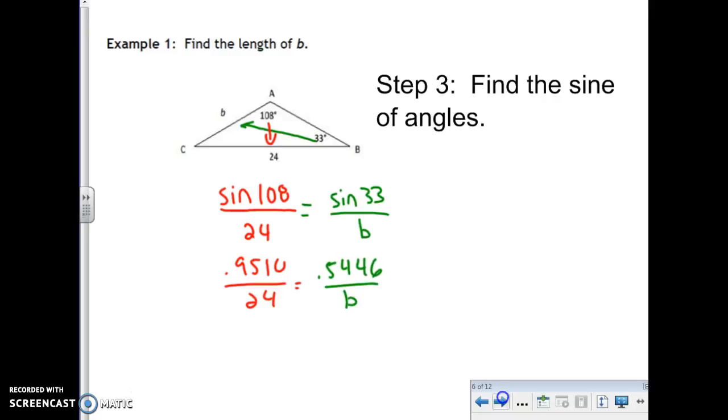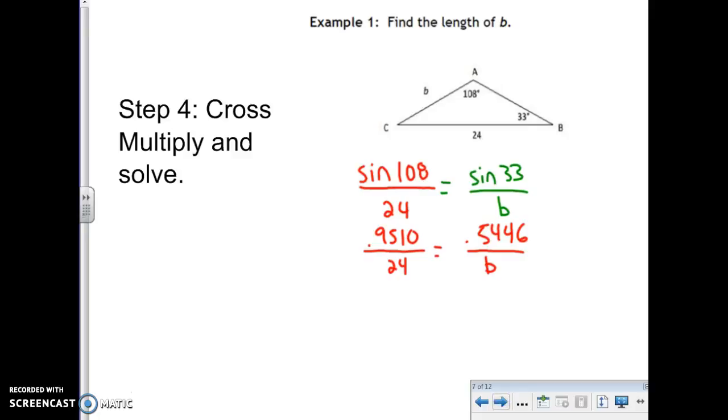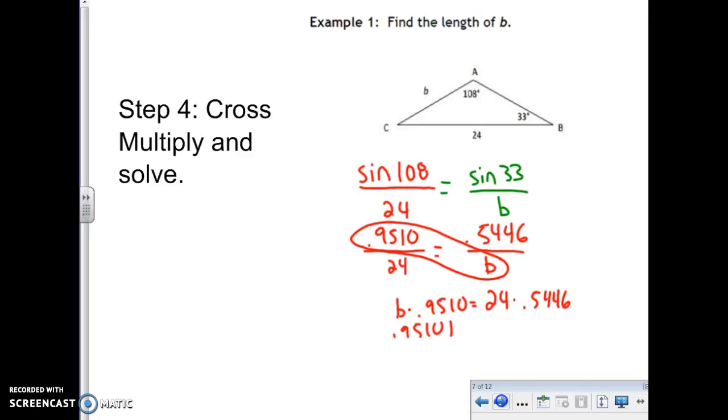Okay? Now, the next thing I'm going to do is cross multiply. So I'm going to multiply b times 0.9510, and I'm going to take 24 and multiply it by 0.5446. So I cross multiply. I have 0.9510b.